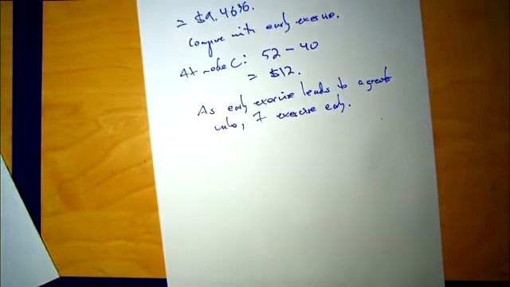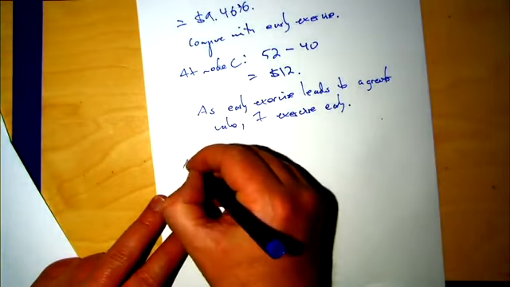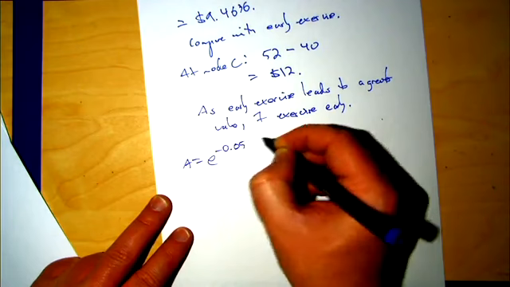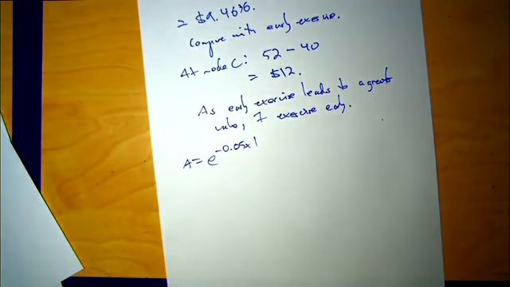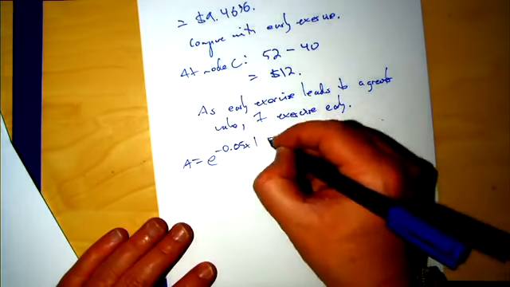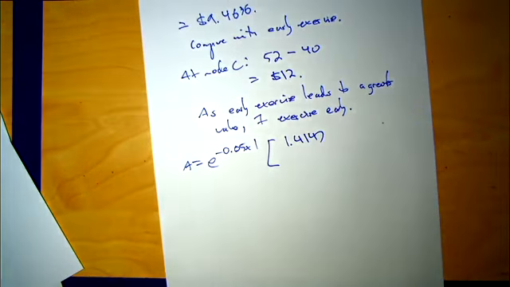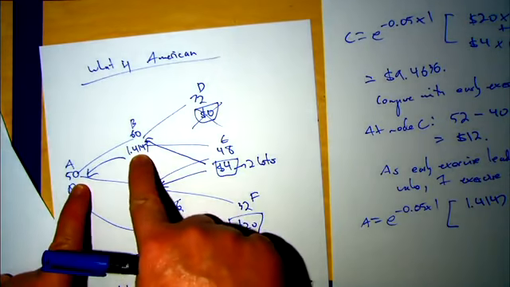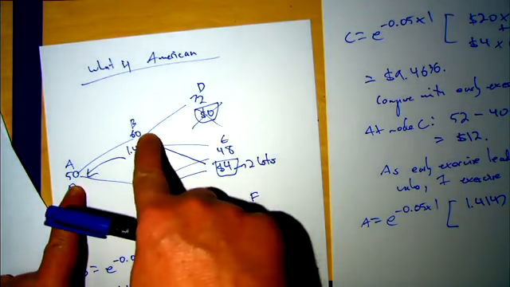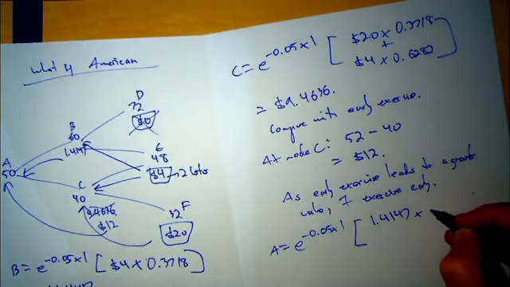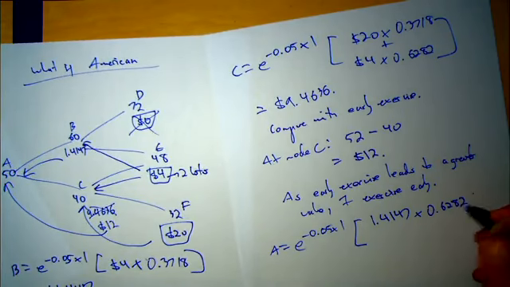So that gives me a value at node A equal to present value, so negative 5% times length of one time step of a year. I have that 1.4147. To get from A to B, to get that 1.4147, I went up the tree, so I need to multiply it by P, which is 0.6282.